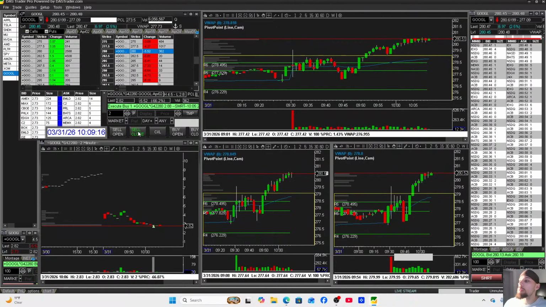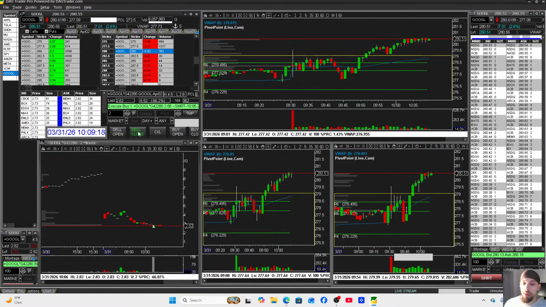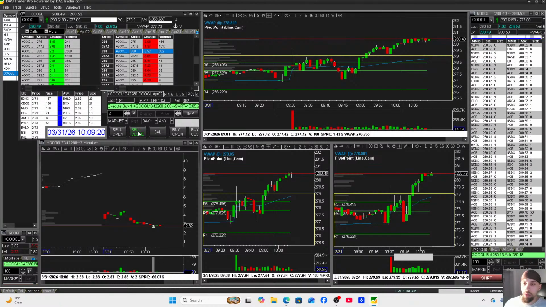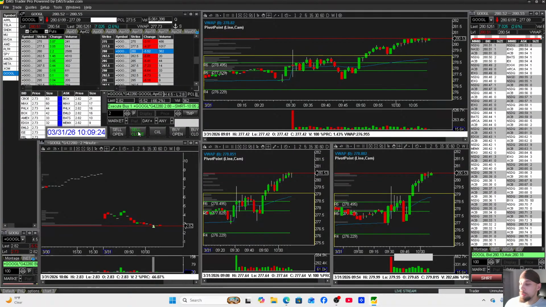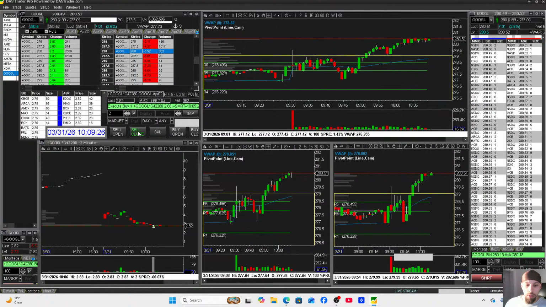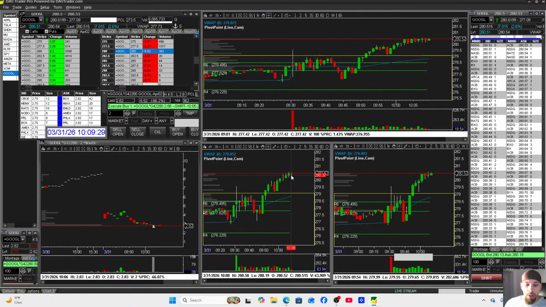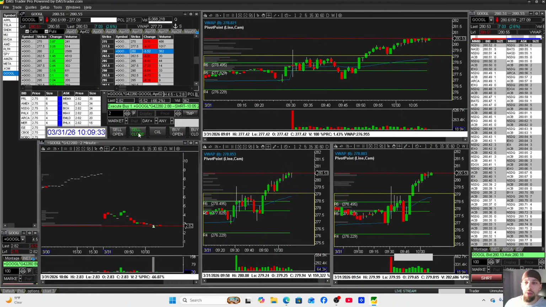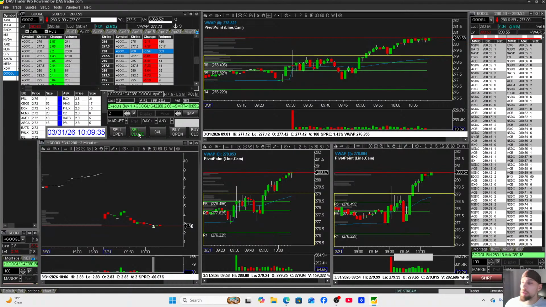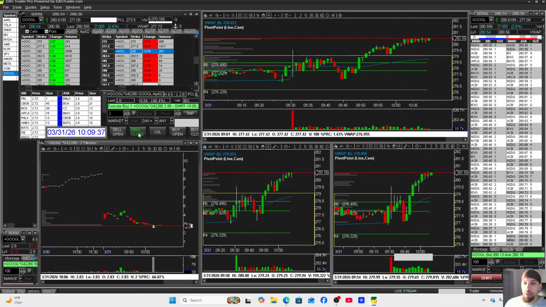Trying to squeeze up here. I'm not convinced yet. This 2-minute candle is trying to squeeze up, but the volume is very low, unless SPY and Qs are going to bounce here.